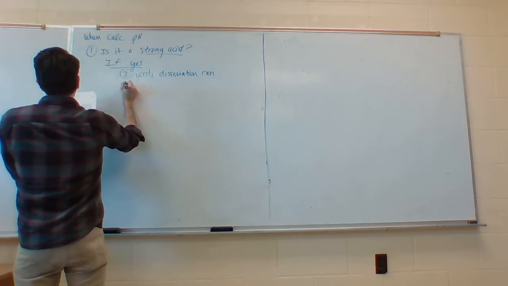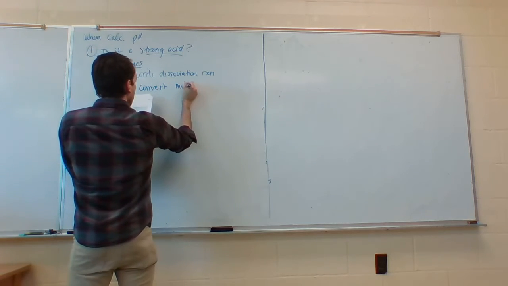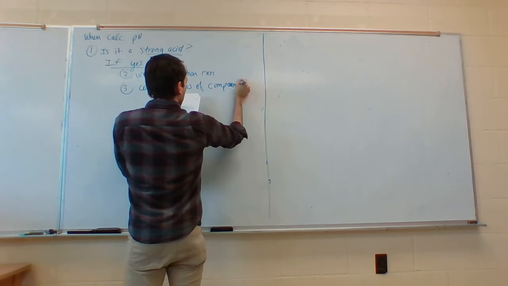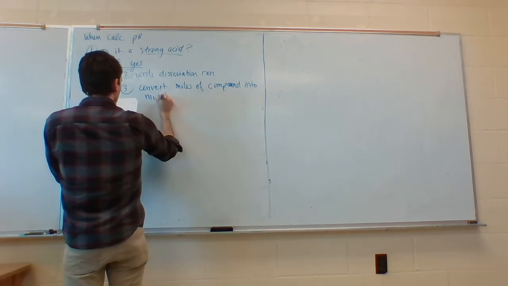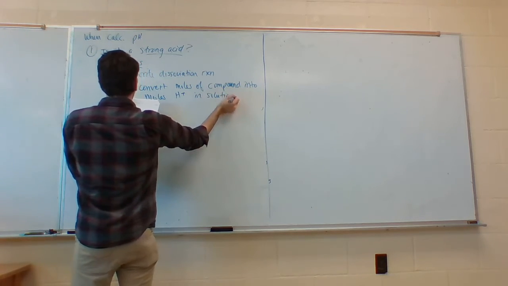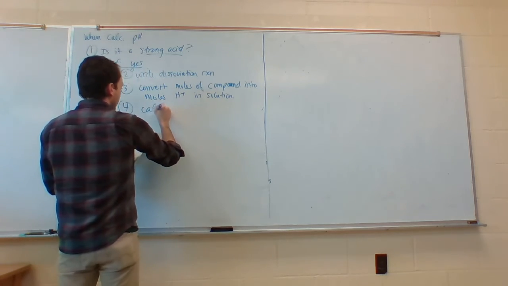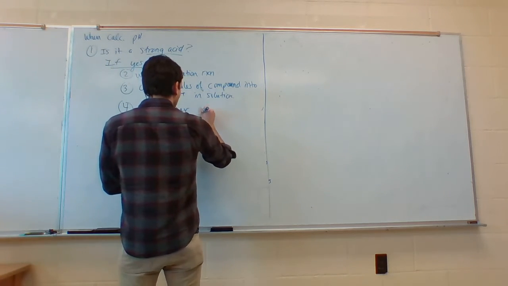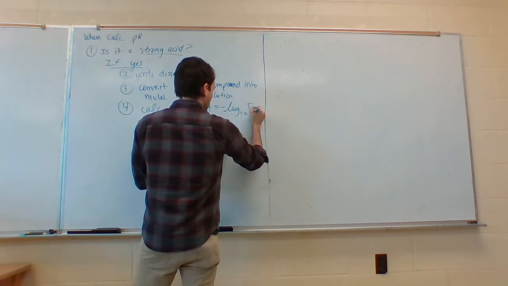Okay? Then we're going to convert moles of a compound into molarity, right? Or into moles of H+ in solution. Okay? Once we've done that, then for our fourth step, we're going to calculate our pH equals negative log base 10 of our concentration in H+.